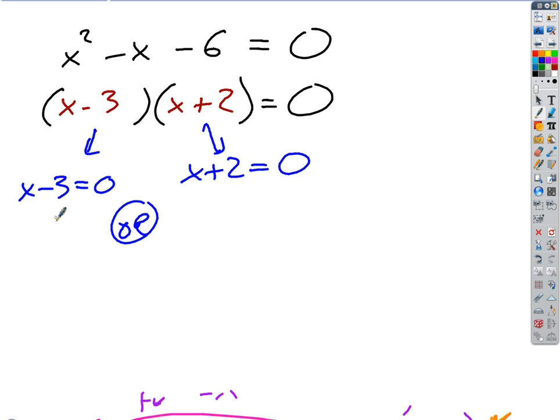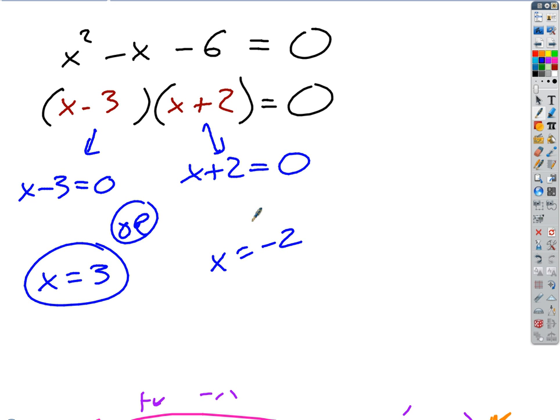What's the answer to this equation? Yeah. x minus 3 equals 0 when x equals 3. So that's one solution. What about this one? Got it, right? And when you're solving an equation, remember, all you're trying to do is find all of the values of the variable that make the equation true, that satisfy the equation, right?